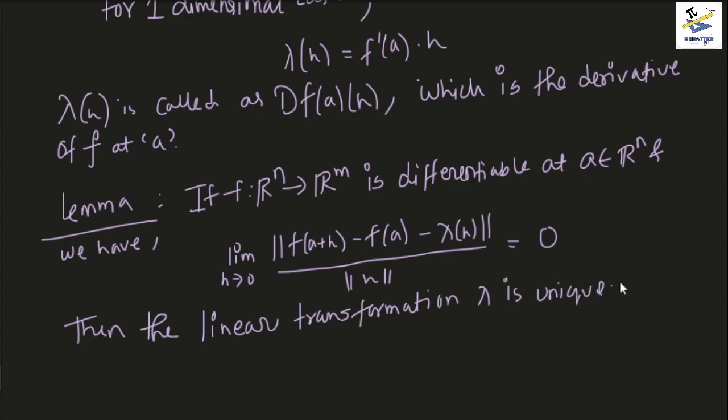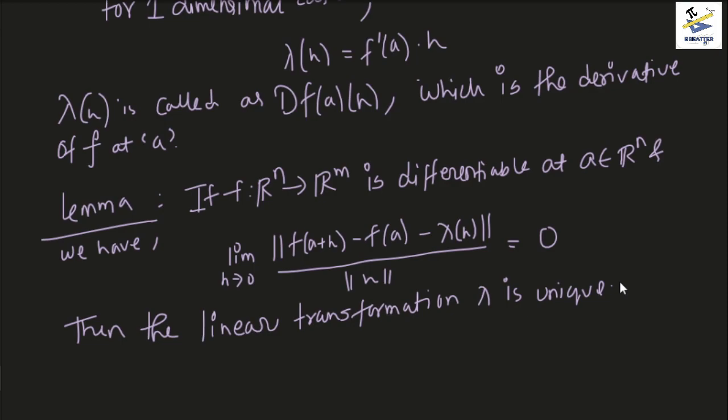So what we want to understand here is that for a given function, if it is differentiable at some point a, then its derivative is unique.